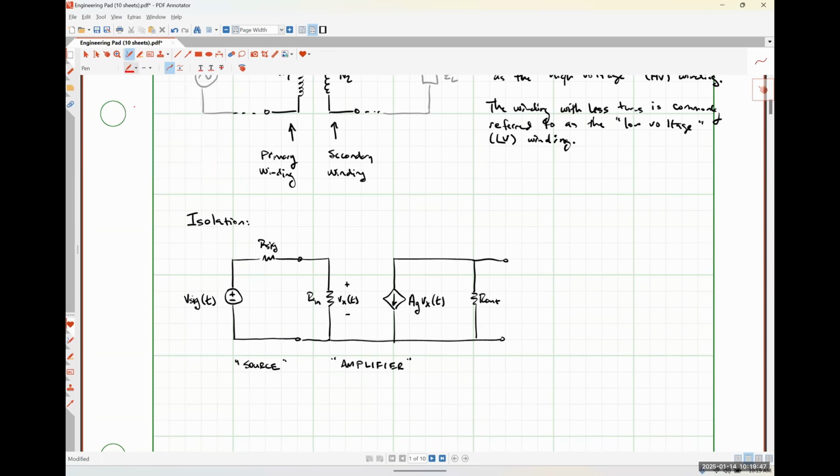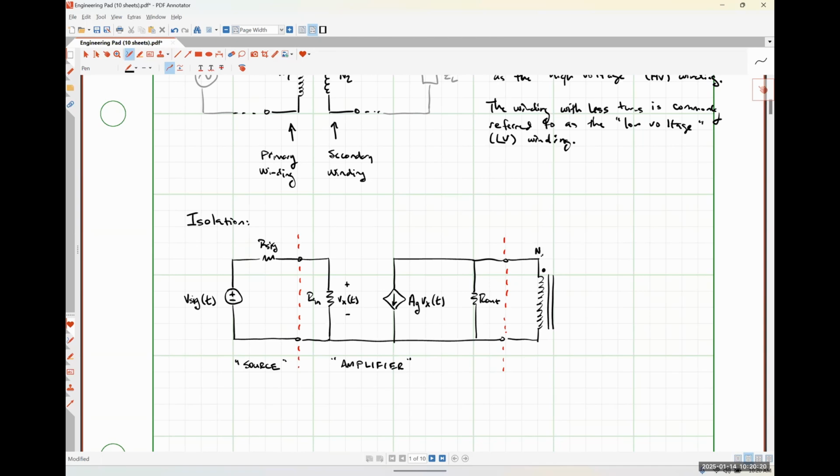And I'm going to put some dashed red lines here to delineate the different effective stages of this system. And then connected to the output of the amplifier circuit might be an impedance transformer, which I am drawing as an ideal transformer.